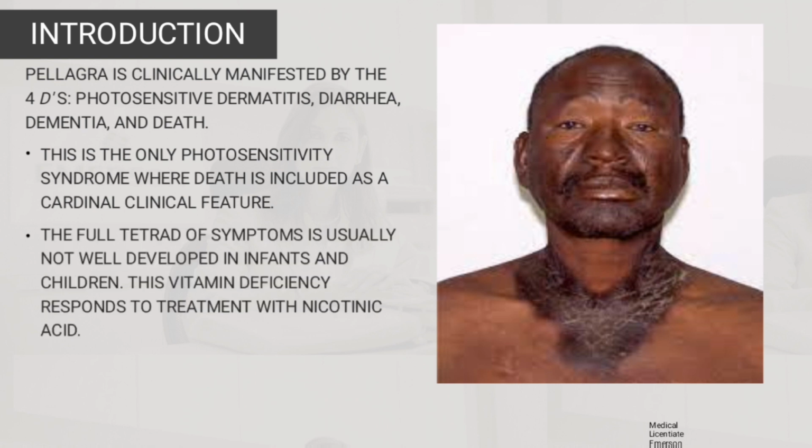Okay. The full tetrad of symptoms is usually not well developed in infants and children. So when you talk about the full tetrad, meaning the 4 Ds, they are not necessarily well developed in infants and children. This vitamin deficiency responds to treatment with nicotinic acid.